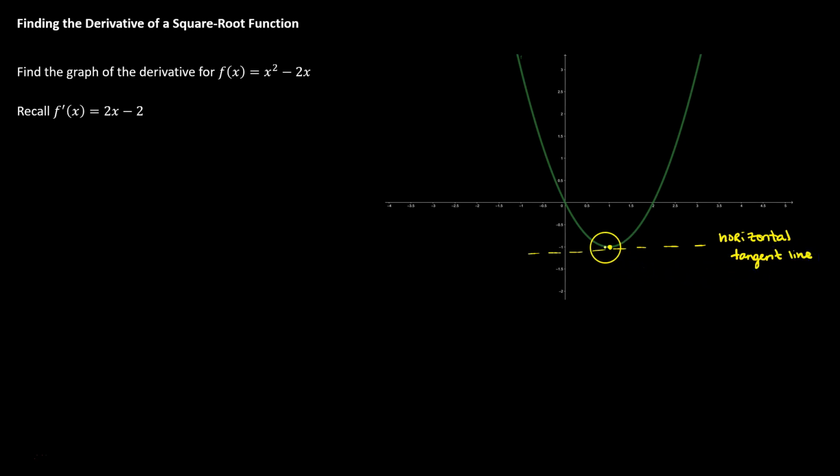We'll dig into this a little deeper in later sections, but for now, I want to point out that when you have a valley like this, or a low point on your graph, you will have a horizontal tangent line. At that point, your derivative has to be equal to 0.